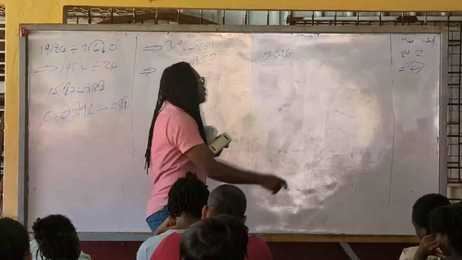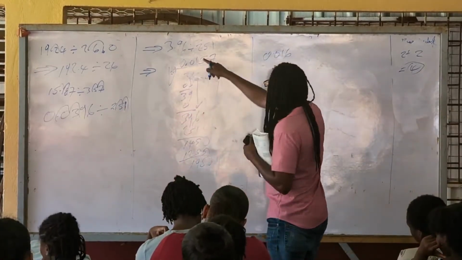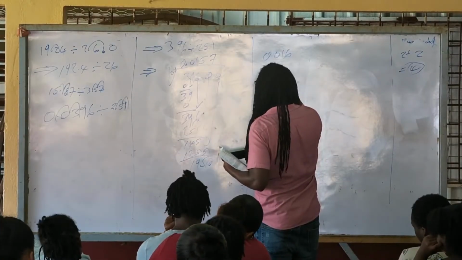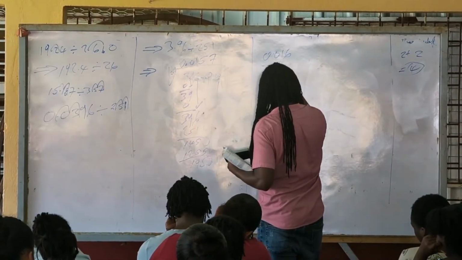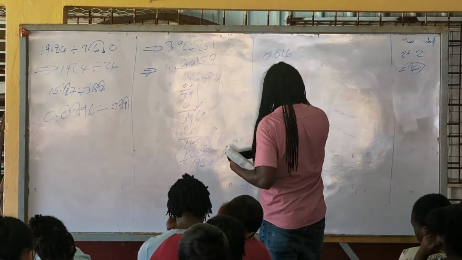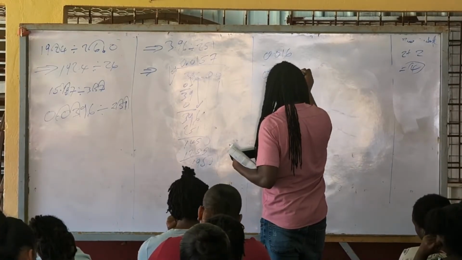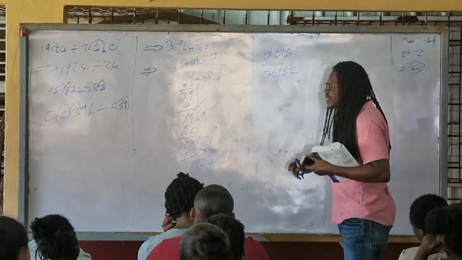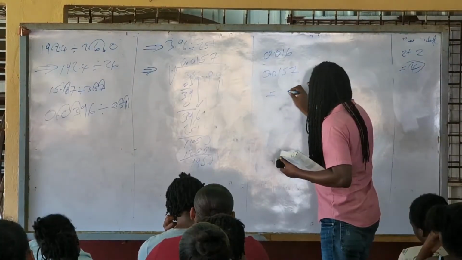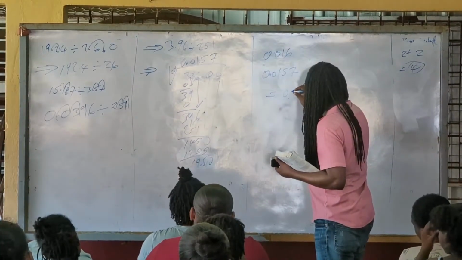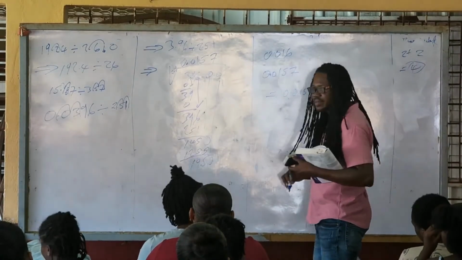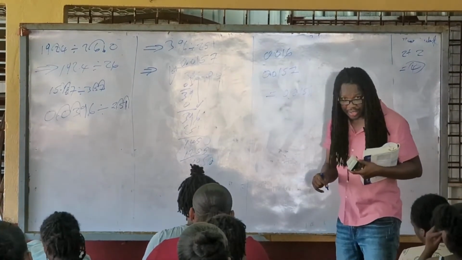So therefore, if you set 0.0157 to 3 decimal places, it would be equal to 0.016. This is the reason.